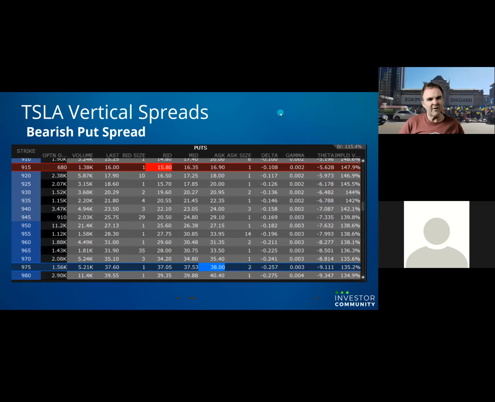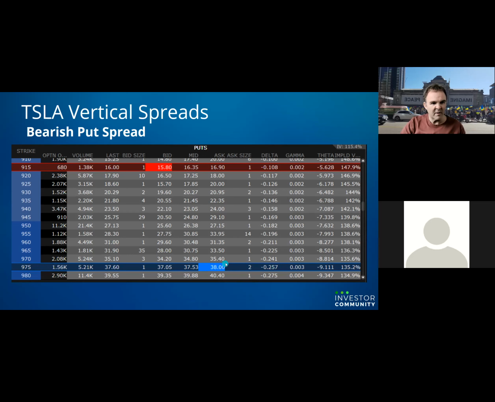So what if we're bearish on Tesla? We might want to do a bearish put spread. To do that, you can see now this is the other side of the option chain, so our strike price is over here on the left now. We've got the 975, which is basically the at the money strike.